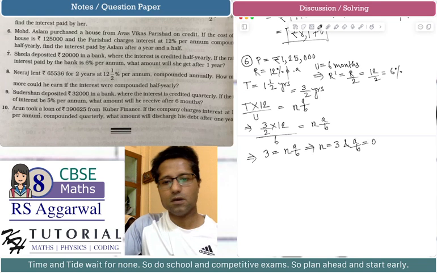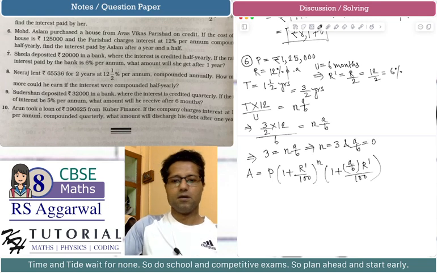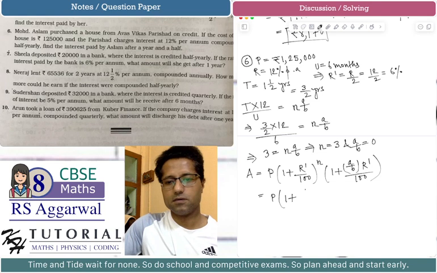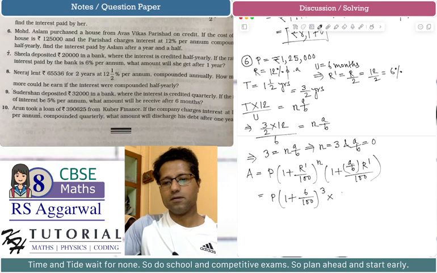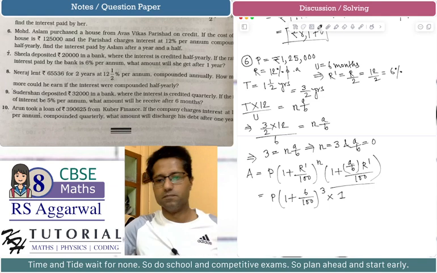Okay. So the amount as per the general formula is P multiplied by 1 plus R dash by 100 to the power small n, multiplied by 1 plus the fraction a by b multiplied by R dash by 100. This is equal to P, R dash is equal to 6, so 6 by 100, small n is equal to 3, and this factor will become 1 because the fraction a by b is equal to 0.